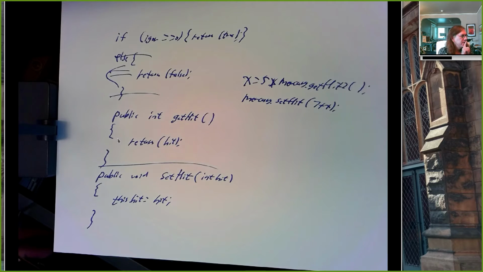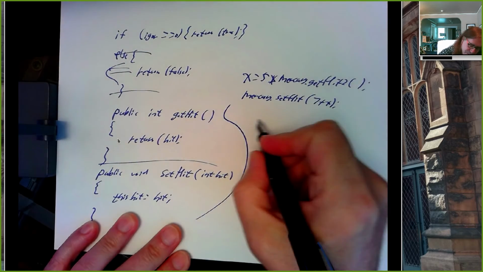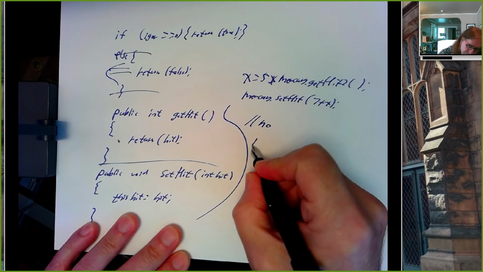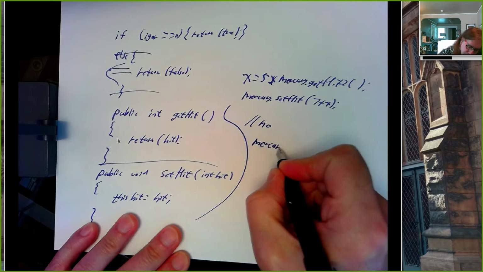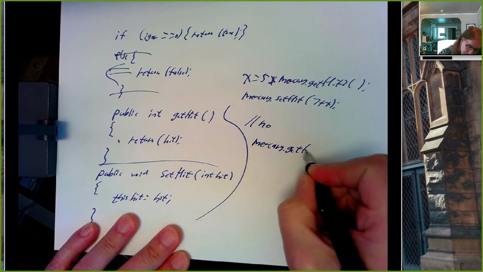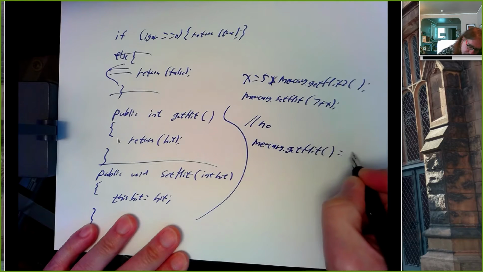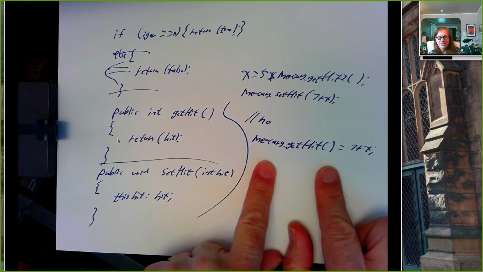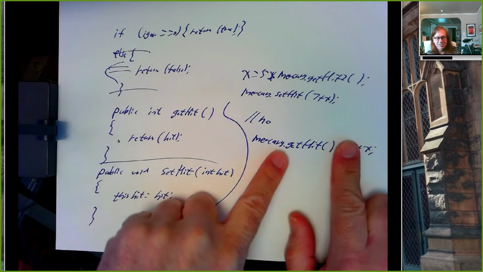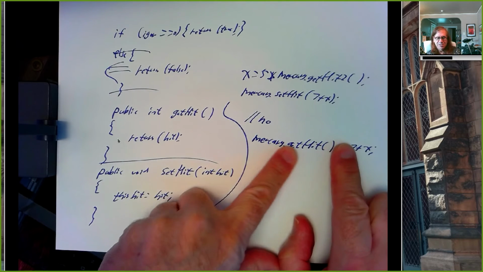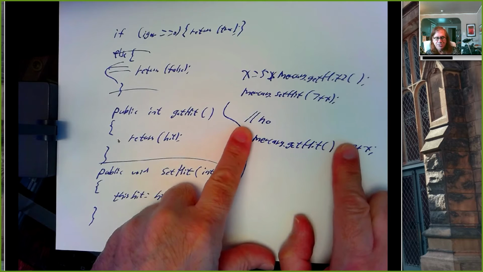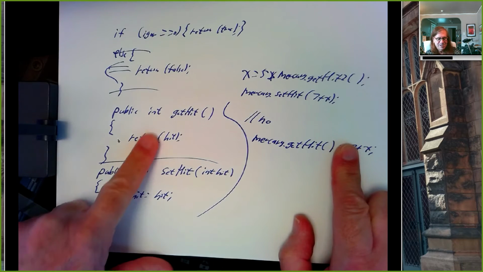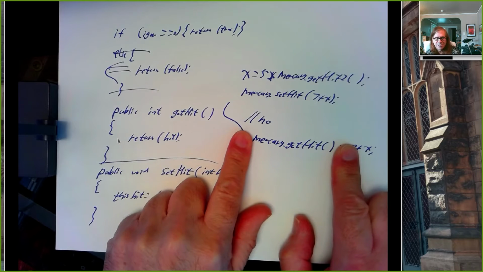So one thing I saw a number of people do that was a little worrisome was something like this. Where they used an assignment statement, and on the left side of the assignment they use an accessor. So this is an object. This is a method inside the object, and the return value from the getHit method, the accessor, is an int. So this is an integer.